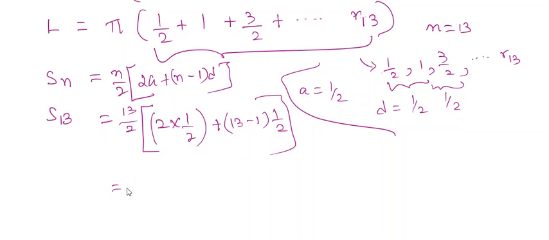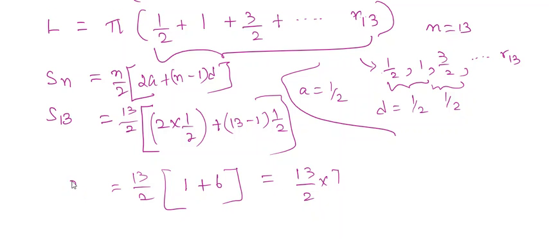Now we are able to get, therefore, 13 by 2 into 2 cancel plus 1. 1 plus, and 13 minus 1 is 12. 12 by 2, 6. So you can put 6 here. So 7. That is 13 by 2 into 7. So this is S13, but we talk about only the radius.